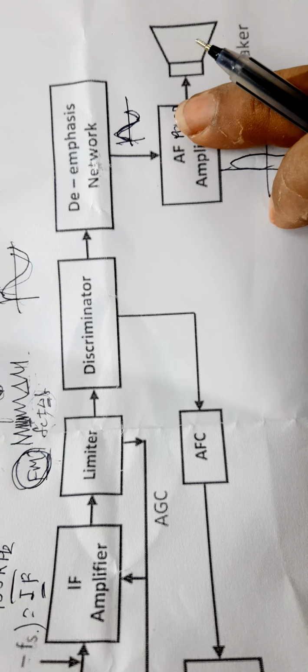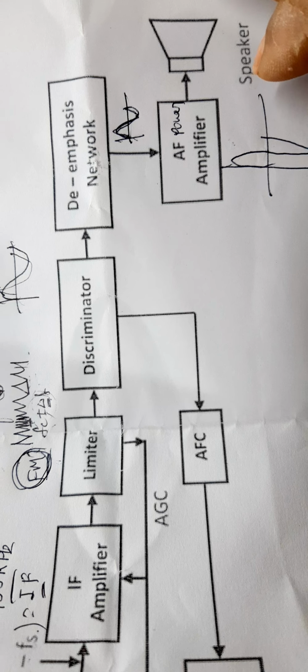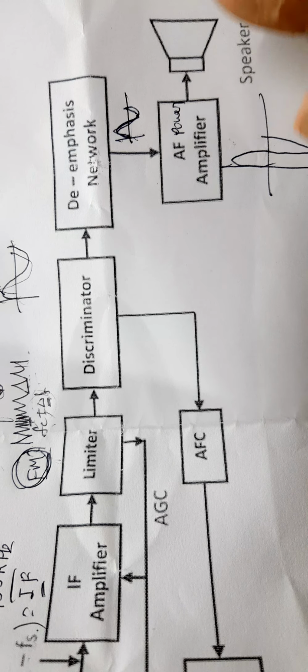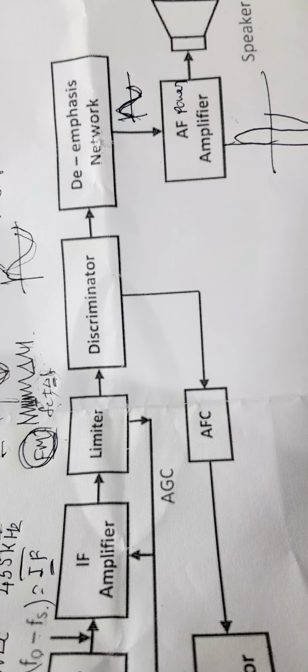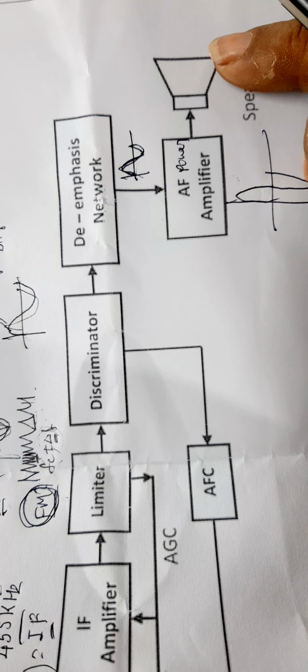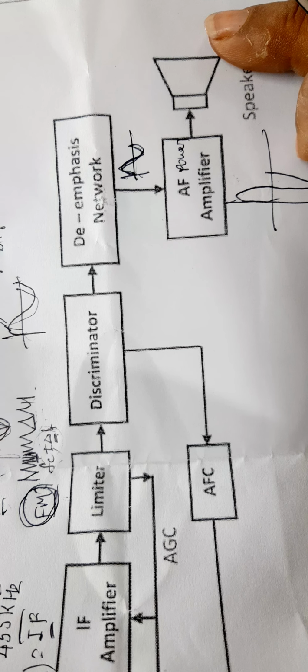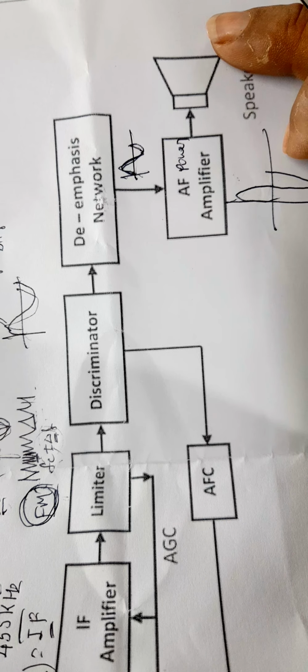Loudspeaker converts electrical signal into mechanical signal. Microphone converts mechanical signal into electrical signal. Therefore, at the transmitter we use a microphone. At the receiver, finally, we use a loudspeaker, which reproduces the replica of the original sound. So, what sound is transmitted from the transmitter is produced back at the receiver.